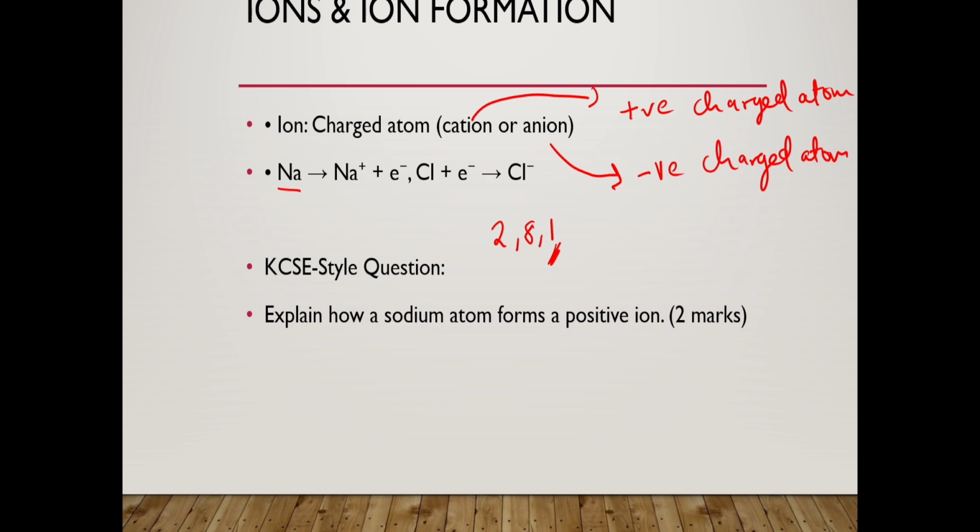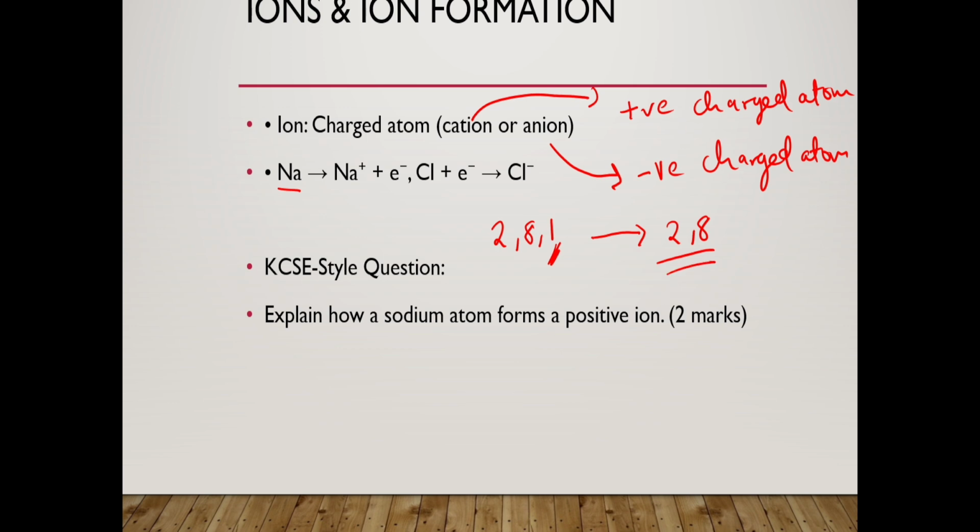For this case, we have one electron at its outermost energy level. So there are two options. It either gains 7 electrons to have 8 and occupy the whole energy level, or it loses 1 electron. Which one is easier? Basically, losing 1 electron. When it loses 1 electron, it will have 8 in its outer shell.